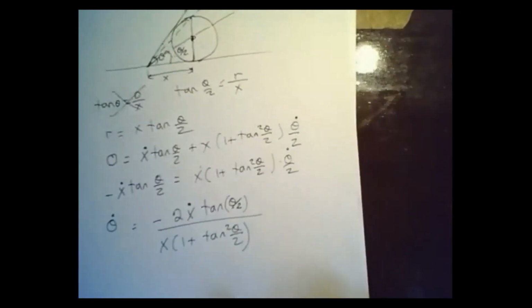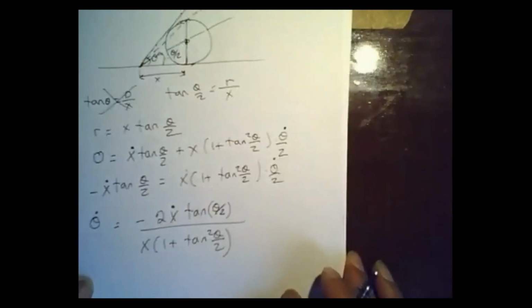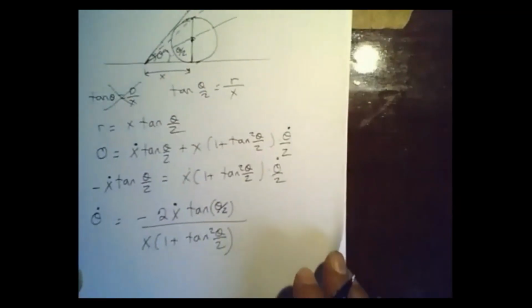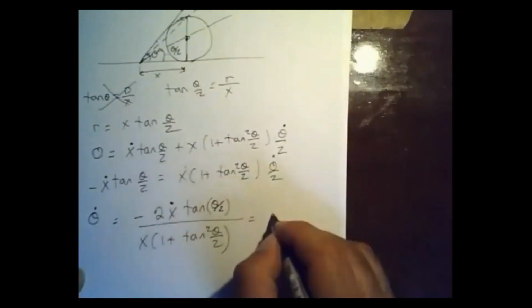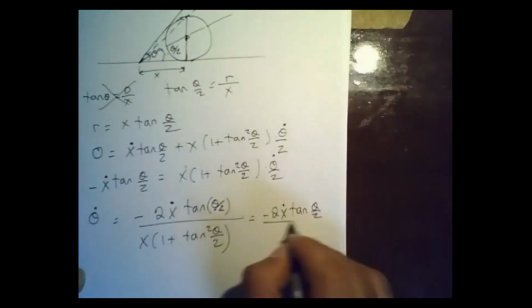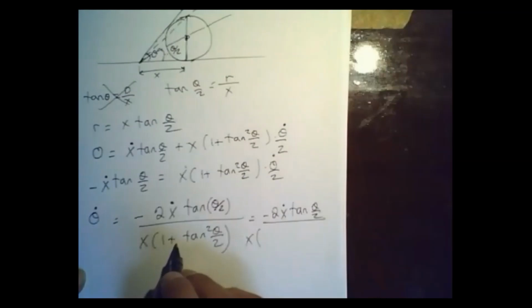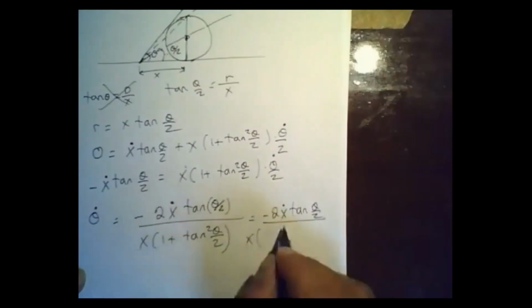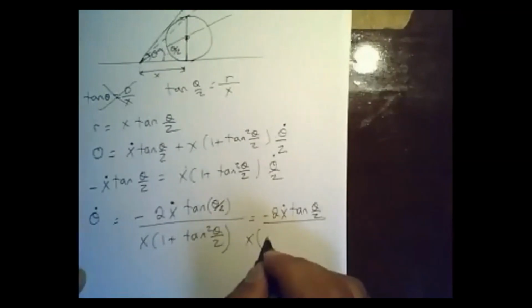Let us see if we can do some simplifications over here. What would you end up with? So minus 2x prime tangent theta over 2, over x. This guy is going to be sine over cosine, right? So it would be what?